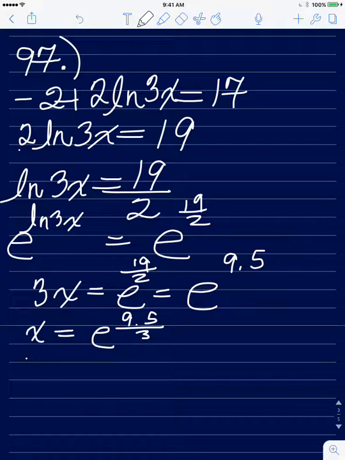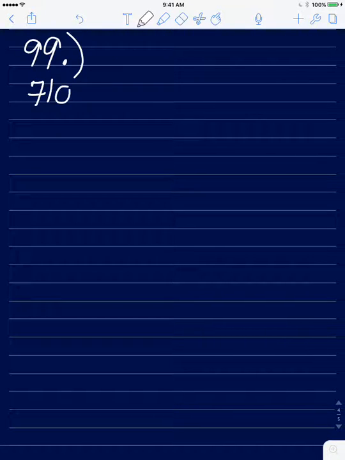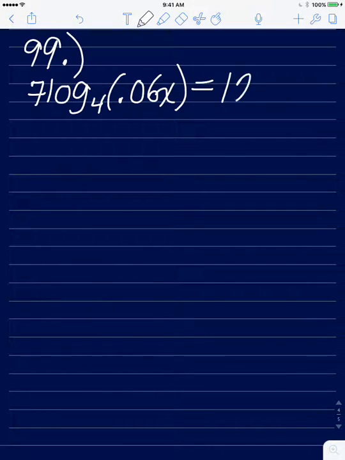Okay, let's take a look at number 99. 7 times log base 4 of 0.06x equals 12.